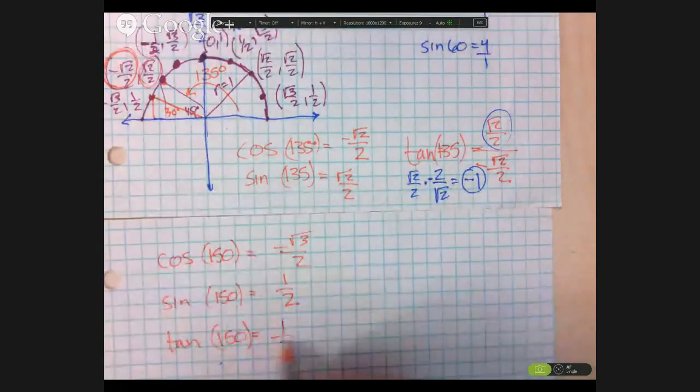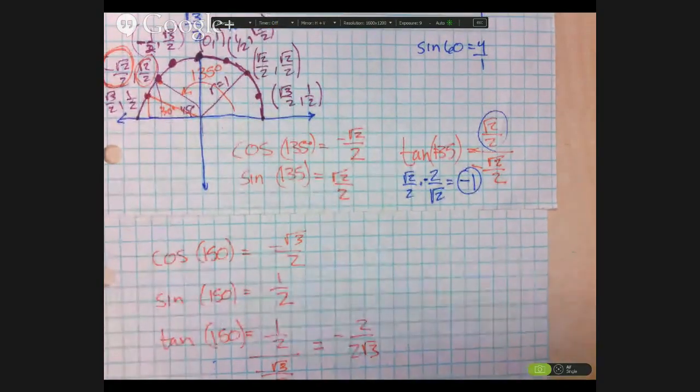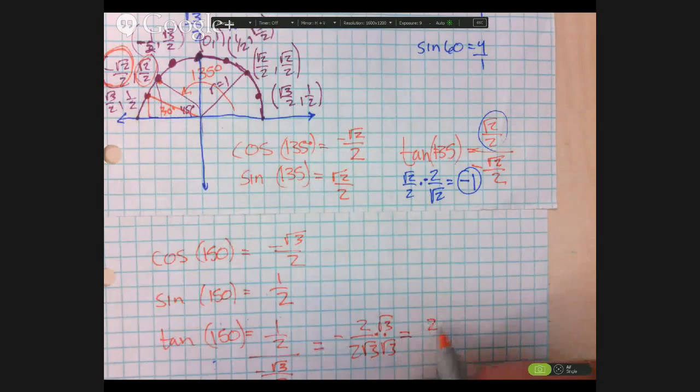Tangent is y over x, which simplifies to 2 root 3 over 2 times 3, which is root 3 over 3.